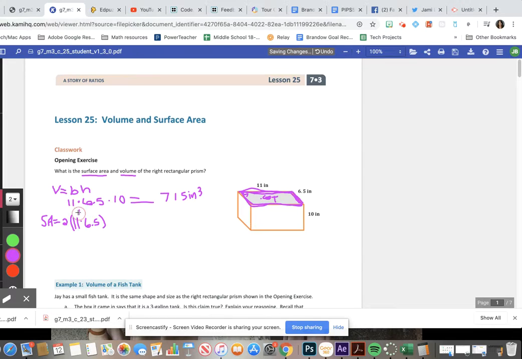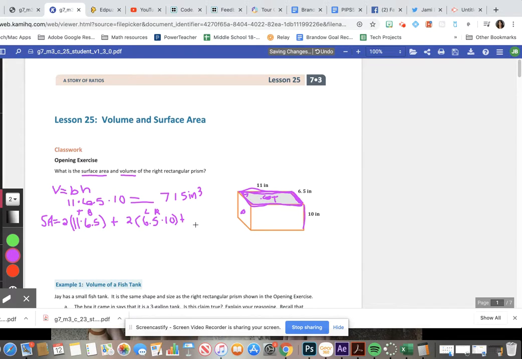This is top and bottom, TB for top and bottom. Plus, I have to do these smaller sides, left and right. So I'm going to take that times 2 because there's 2 of them, and they are 6.5 by 10. So 6.5 times 10 plus, and that is left and right. So that's 2 sides.